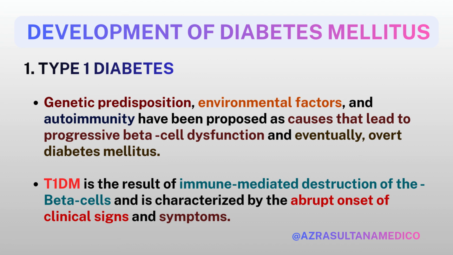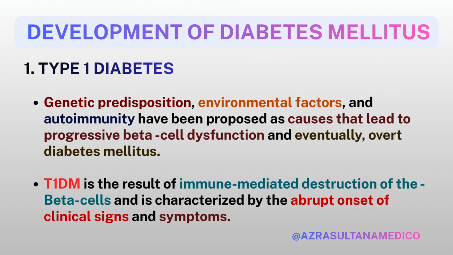T1DM is therefore an immune-mediated disease characterized by progressive beta cell destruction, absolute insulin deficiency, and dependence on exogenous insulin for survival. As beta cell destruction progresses, insulin production declines until it becomes insufficient to maintain normal blood glucose levels.